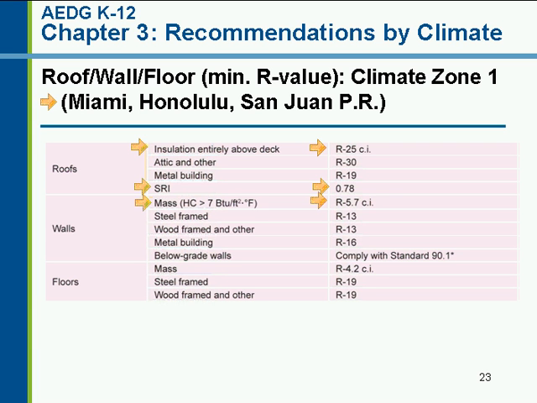And this calls for R5.7 continuous insulation. So this is rigid insulation. When used in the wall, rigid insulation varies between R3.8 to R7 or 8 per inch. So this could be, for example, 1.5 inches of rigid insulation in a mass wall.